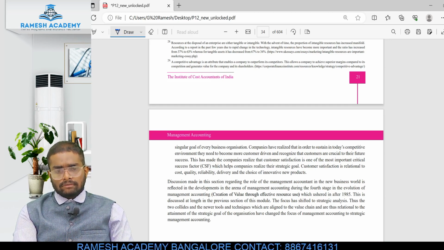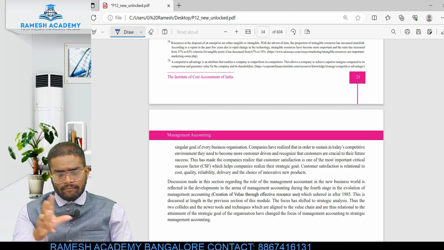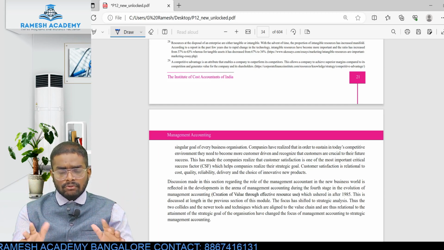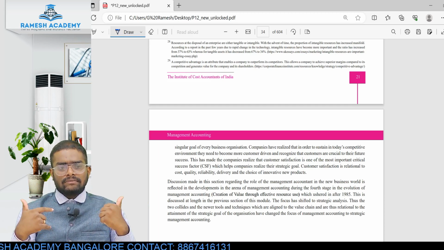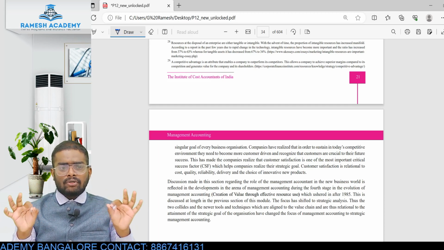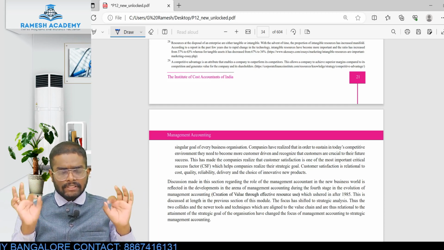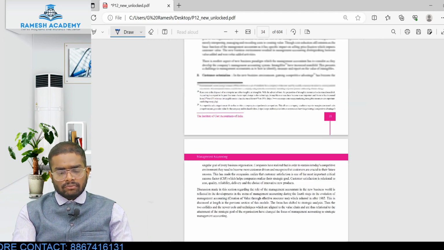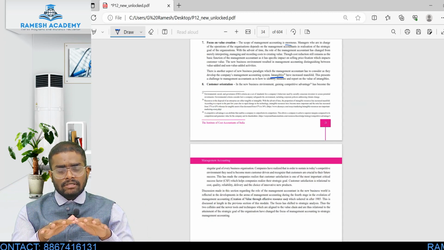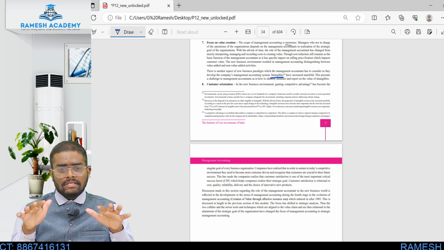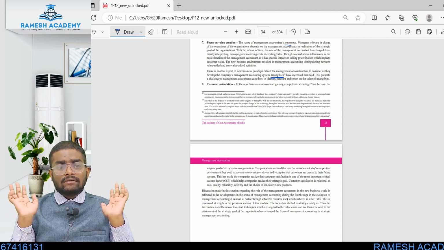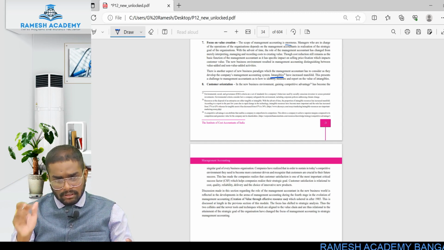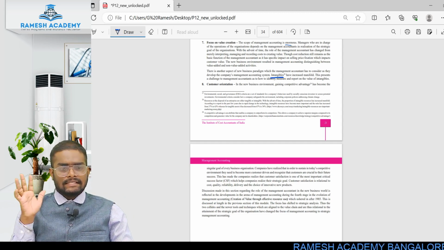Coming to new customers, we have to showcase our business in such a way that new customers are attracted towards us. He should feel that this company is better than that company, and that they are providing better customer service. For this, the management accountant has the responsibility to make a process which will attract new customers and retain the existing customers.